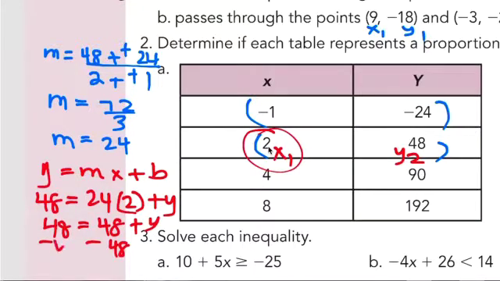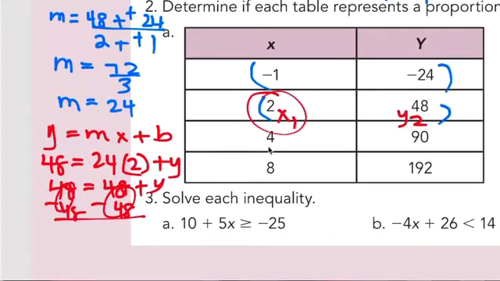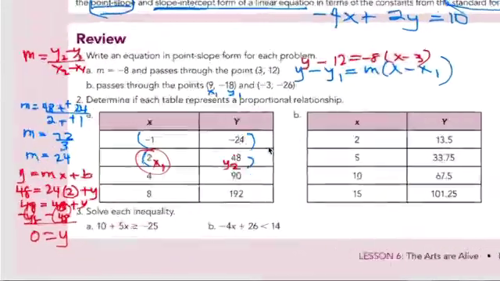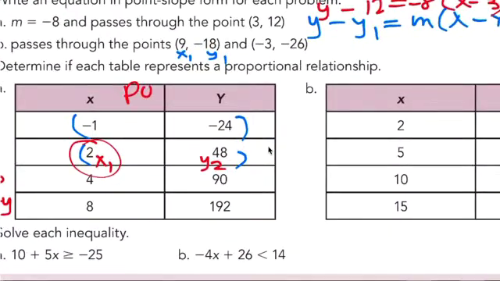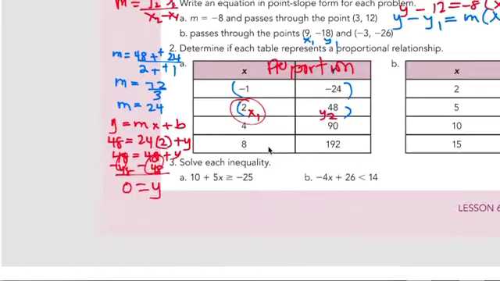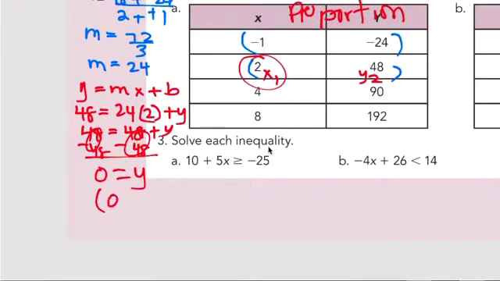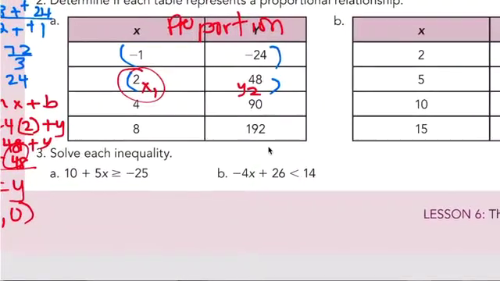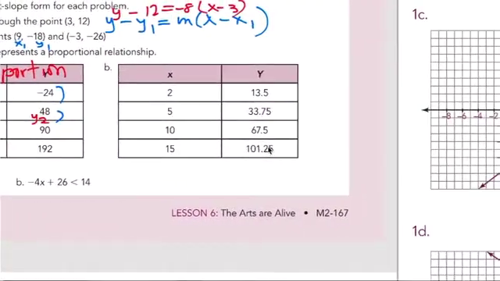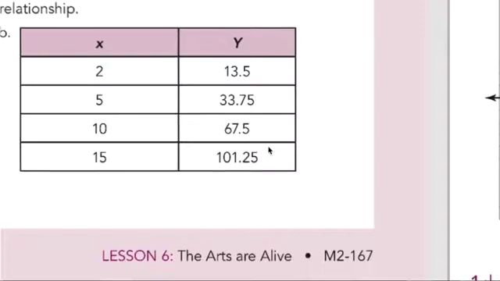I should have taught it to you this way when the book showed you another way. 0 equals y. Yes, this is proportional, because the y-intercept is at 0, 0. If it's not at 0, 0, then it's non-proportional.